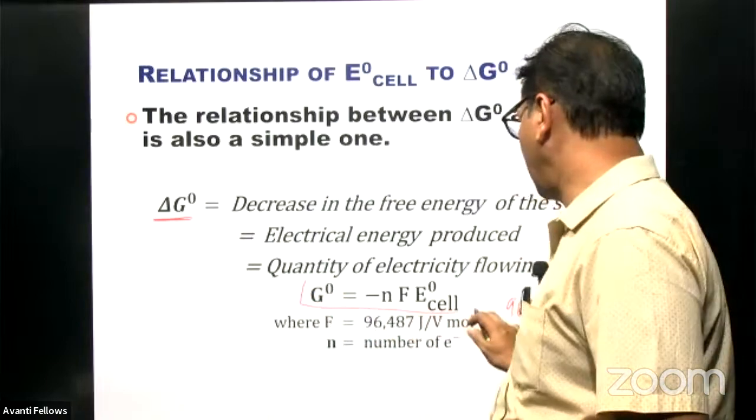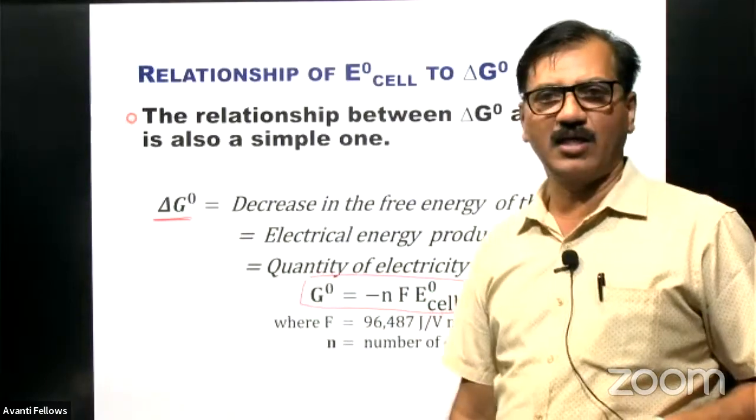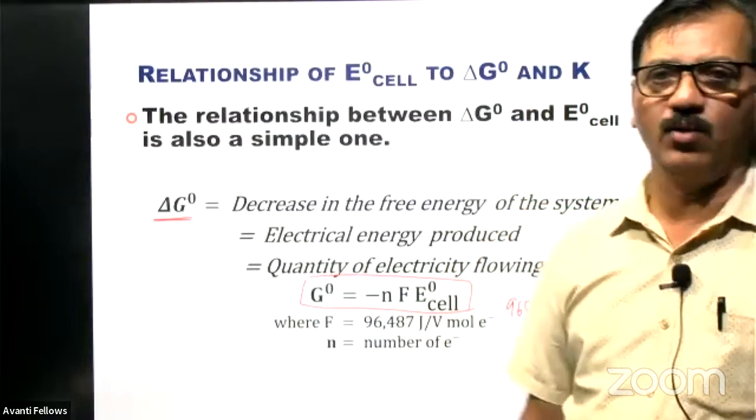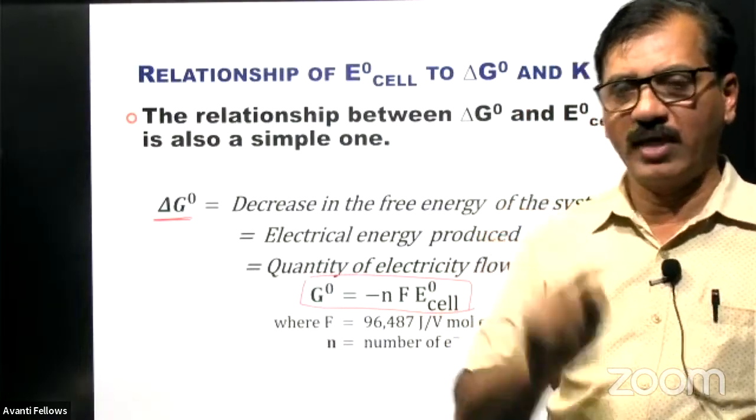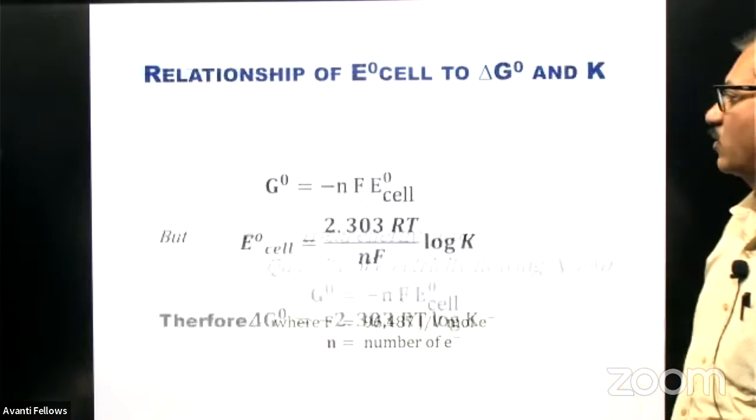Delta G0 of the cell, the standard free energy change, is negative sign nFE0 of the cell, right? This is the expression for it.